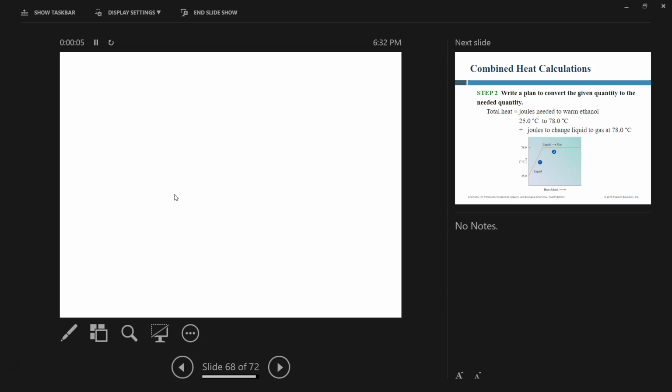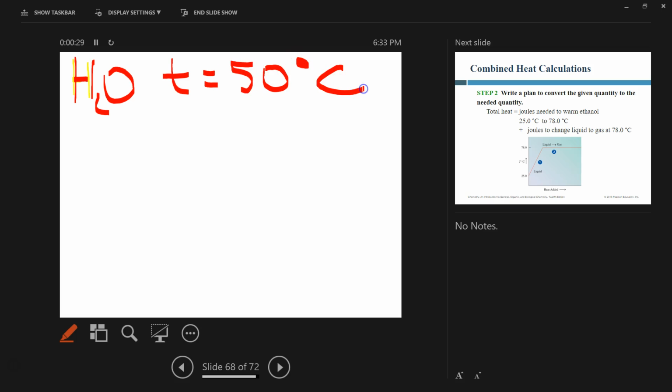See that? So we have water. Sorry, I'm going to change the color now. Water. Temperature. Let's take 50 degrees Celsius, okay? Are you with me? I give you an absolutely generic problem, okay?